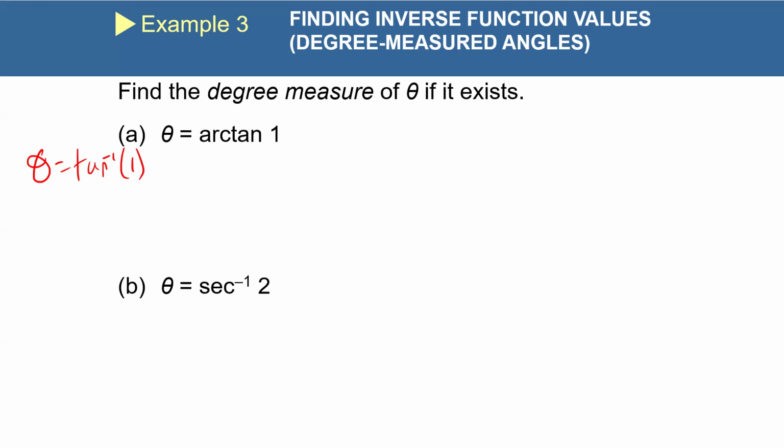So we're asking ourselves, at what point do I have y divided by x equal to 1? Does that make sense? And tangent is what, 2 quadrants? 1 and 4. So when do I have y divided by x equal 1 in quadrant 1 or in quadrant 4?